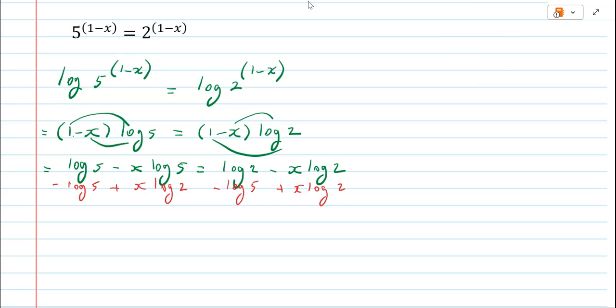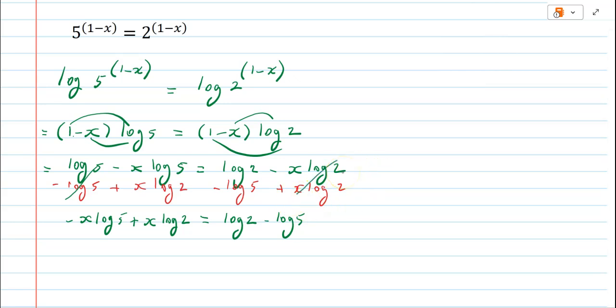So what are we going to have? We're going to get the simplified answer. On this side, we're going to get negative x log 5 plus x log 2 equals log 2 minus log 5, and then minus x log 2 plus x log 2, that's just 0.